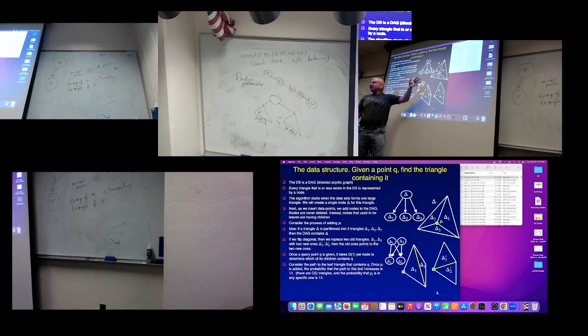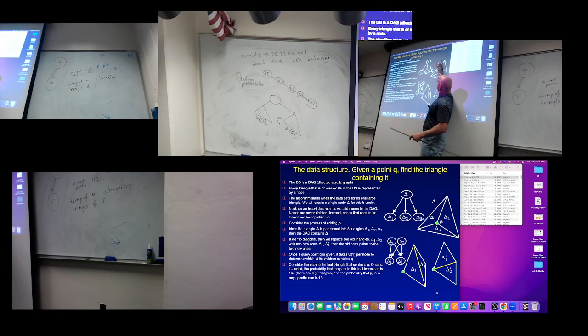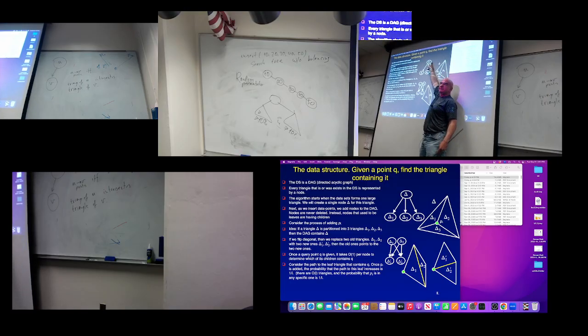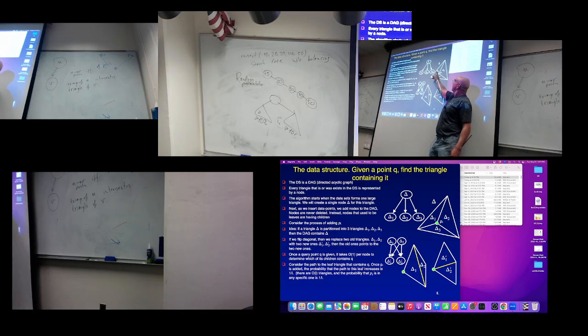It's kind of similar to searching in a normal tree, but what do I do? I check if Q, my point, lies inside delta. If it's not inside delta, it's not in my triangulation, ignore it. If it's inside delta, then now check all three children, delta 1, delta 2, and delta 3, to ask if Q is inside them.